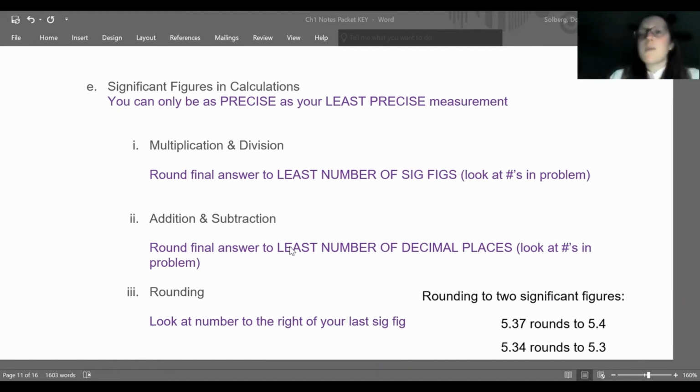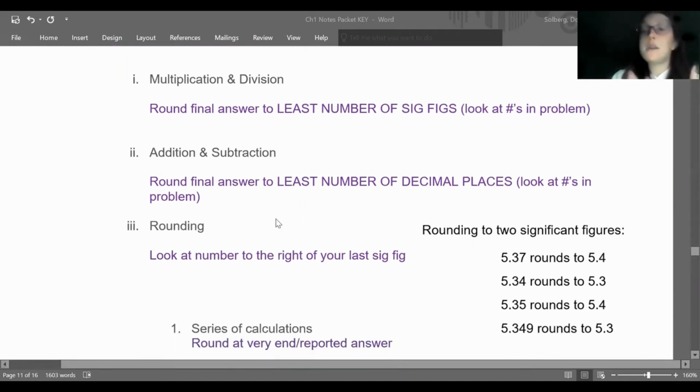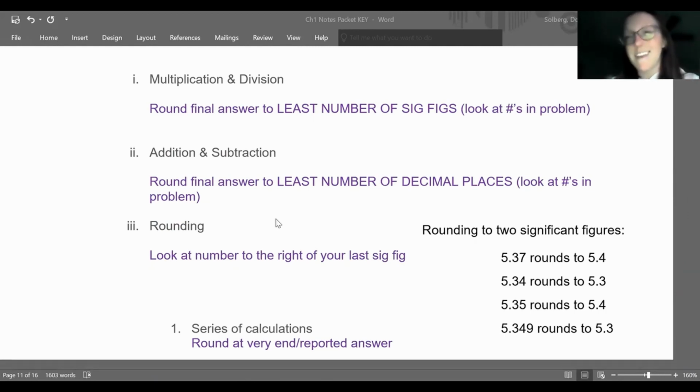So what are the rules for rounding when we do math with measurements? Okay, pretty easy. Multiplication and division: you need to round your final answer to the least number of sig figs. You'll hear me abbreviate significant figures as sig figs. Okay, so what I want you to do is look at the numbers in the problem that I give you.